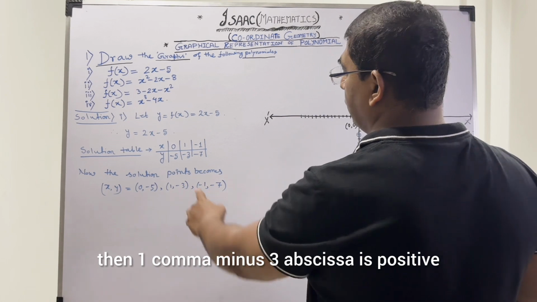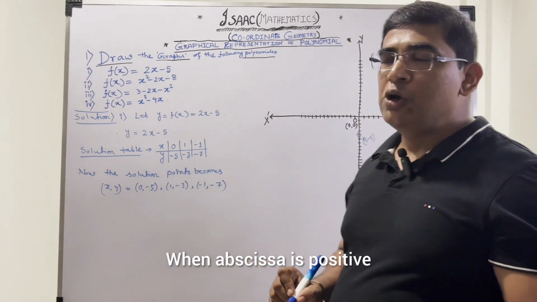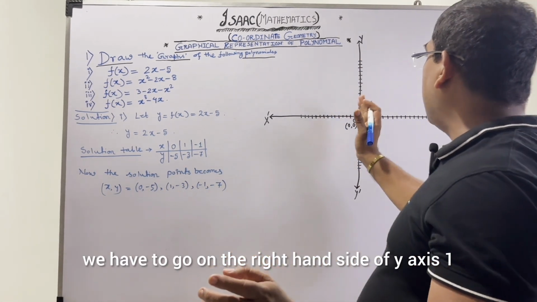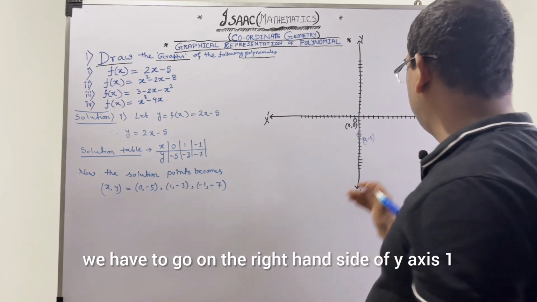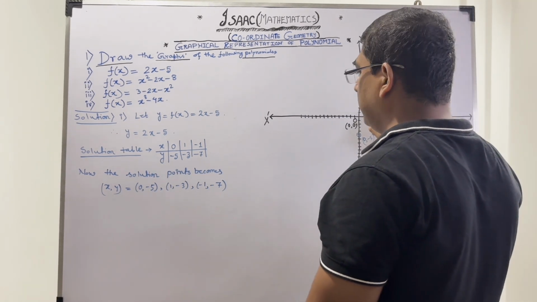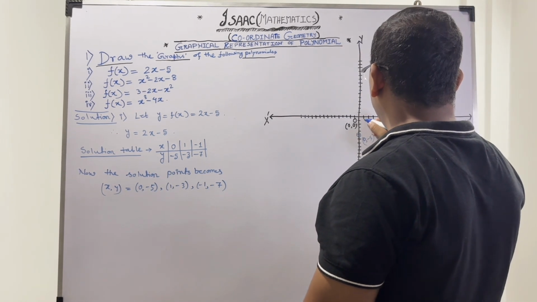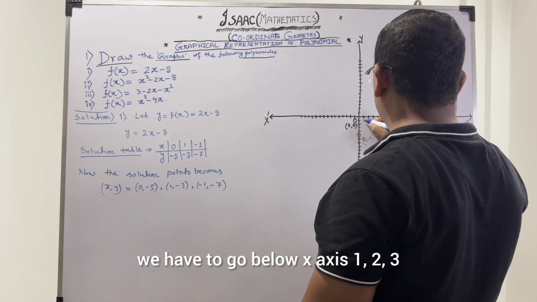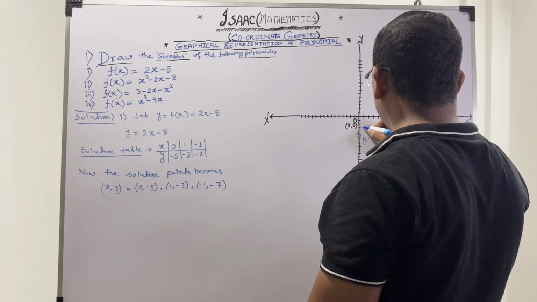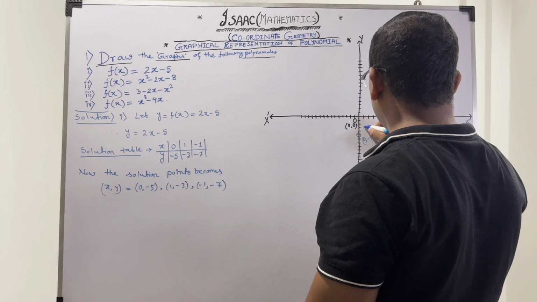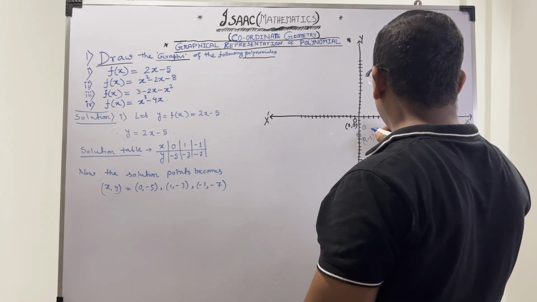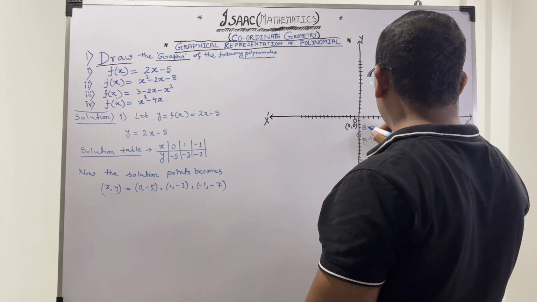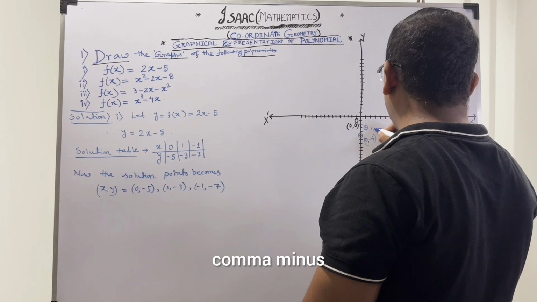The abscissa is positive. When the abscissa is positive, we have to go to the right hand side of the y axis. 1, then minus 3. The ordinate is negative, so we have to go below the x axis: 1, 2, 3. This point is (1, minus 3).